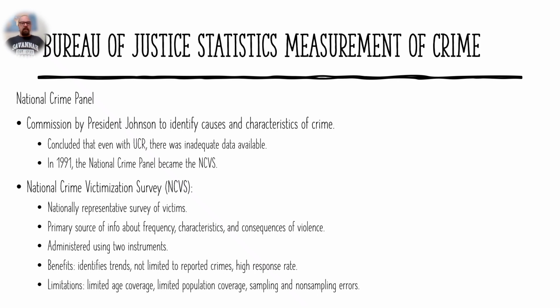So with the UCR, you have part 1, part 2 crimes. With the National Incident-Based Reporting System, you have Group A, Group B crimes. And the Bureau of Justice Statistics, as NCVS, is no different. You have crimes against person and crimes against household.